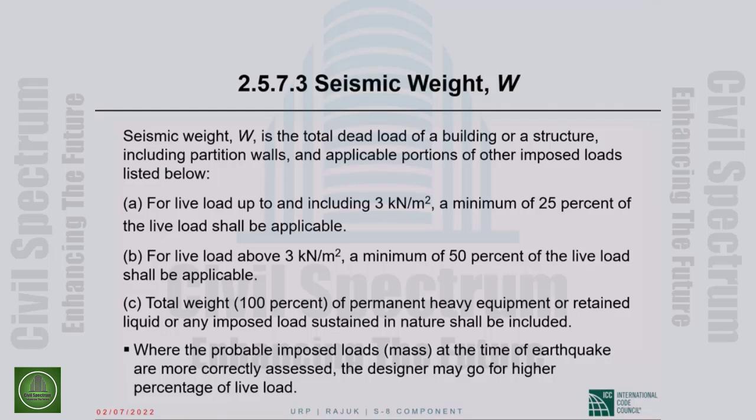Total weight of permanent heavy equipment or retained liquid or any imposed load sustained in nature shall be included, where the probable imposed loads at the time of earthquake are more correctly assessed. So where the probable imposed loads at the time of earthquake are more correctly assessed, the designer may go for higher percentage of live load.